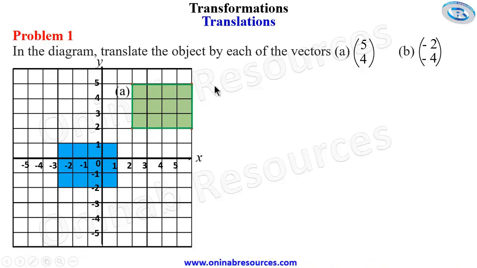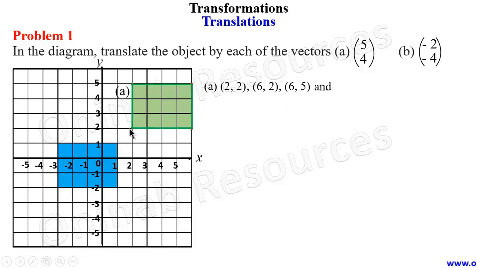And we can have the vertices: here is going to be (2, 2), this is (6, 2), here is (6, 5), and the last one is (2, 5). And that's all for problem 1A.